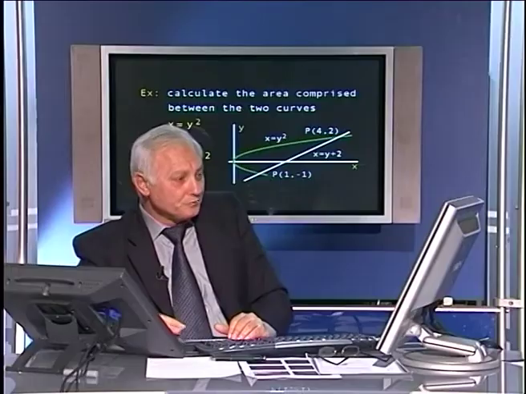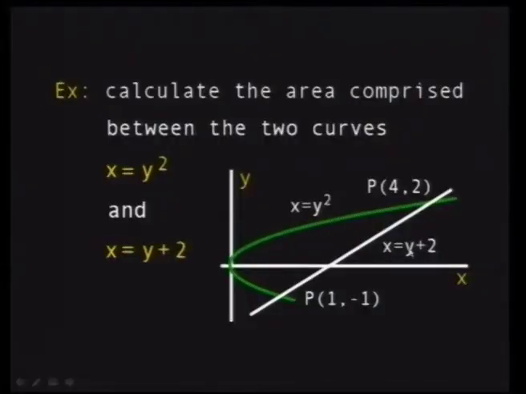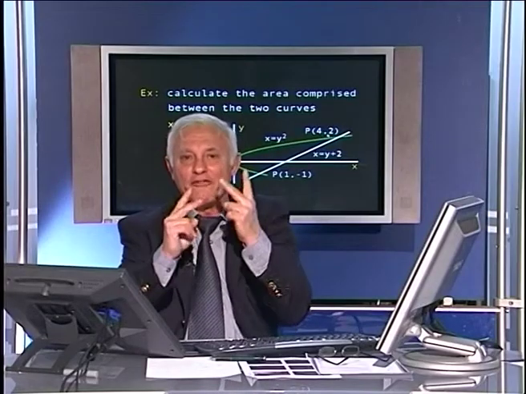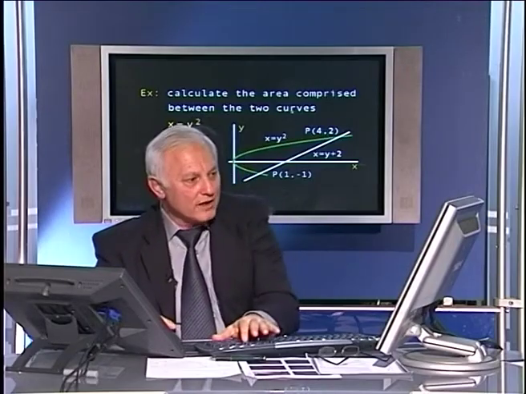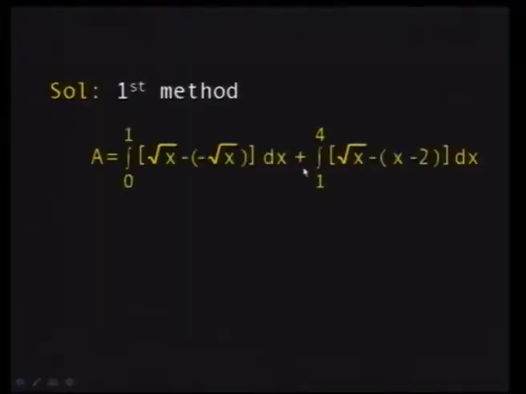Here you have your curve: x is equal to y plus 2, and x is equal to y squared. So you subtract y plus 2 minus y squared, which is the length of your strip, times the base dy, and then you integrate from y equal to minus 1 to y equal to 2. So you have a different line of approach. Instead of having two integrals, you can have just one simple integral.